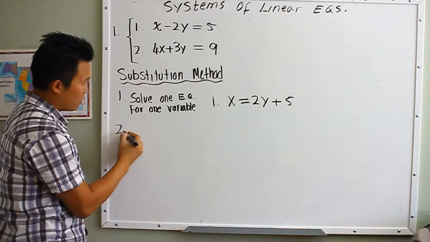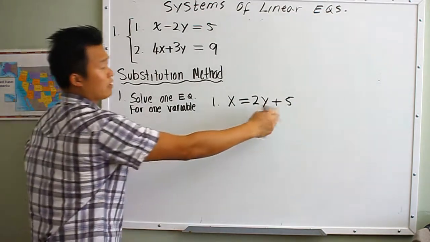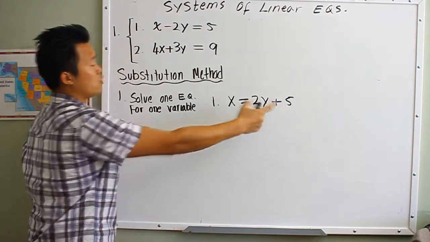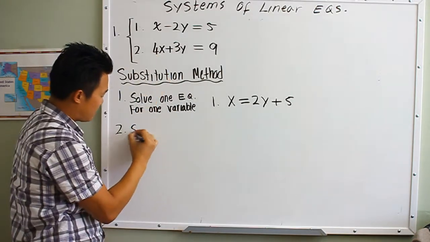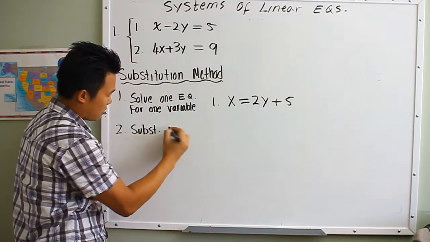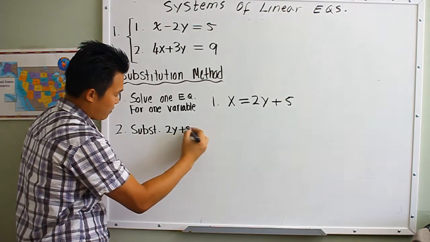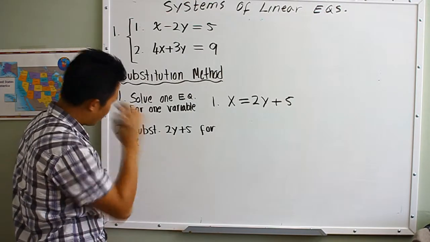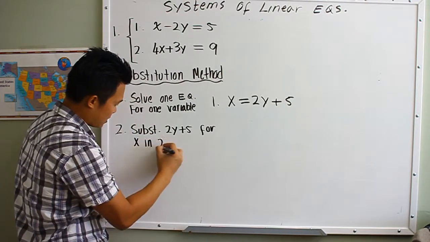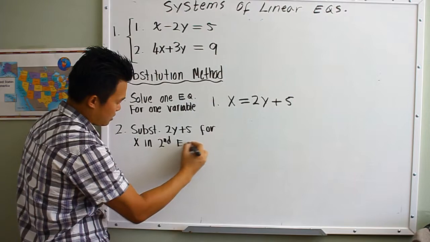The second thing you do is I'm going to go ahead and substitute this value, 2y plus 5, for the x in the second equation.